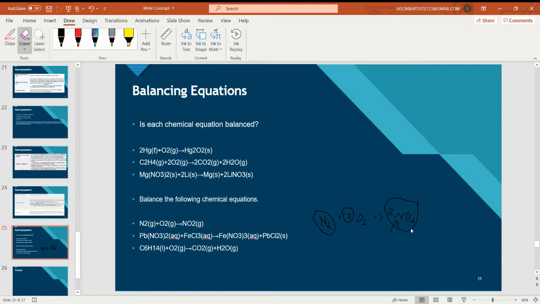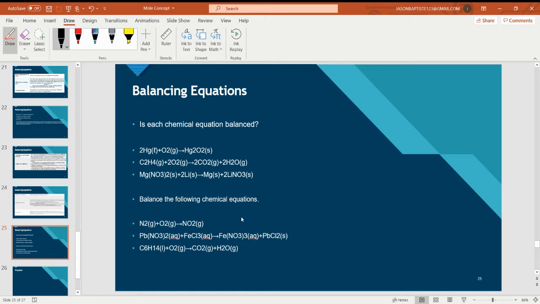So, cool, easy one, right? Let's move on to the tougher question now. Let's see if we can balance this big one here. So we have lead nitrate reacting with iron chloride to give us iron nitrate plus lead chloride.